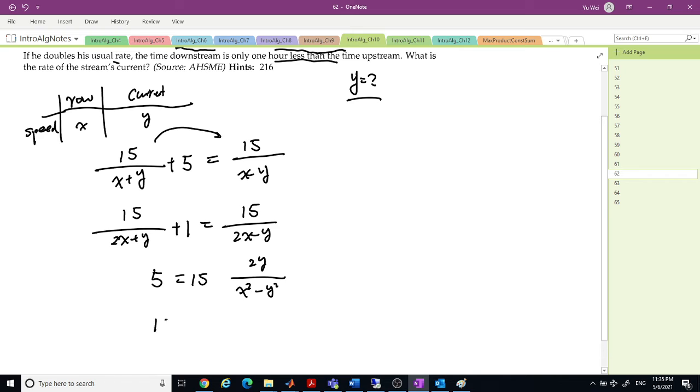Here, 1 equals 15 over 4x squared minus y squared, then it is 2y.